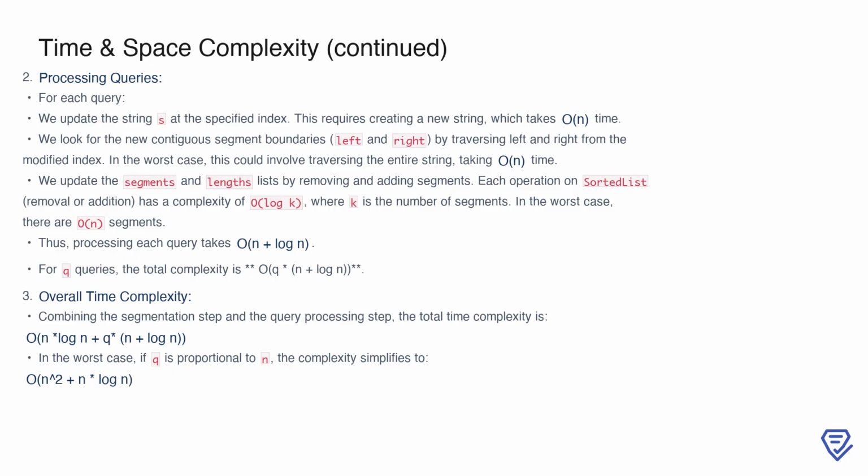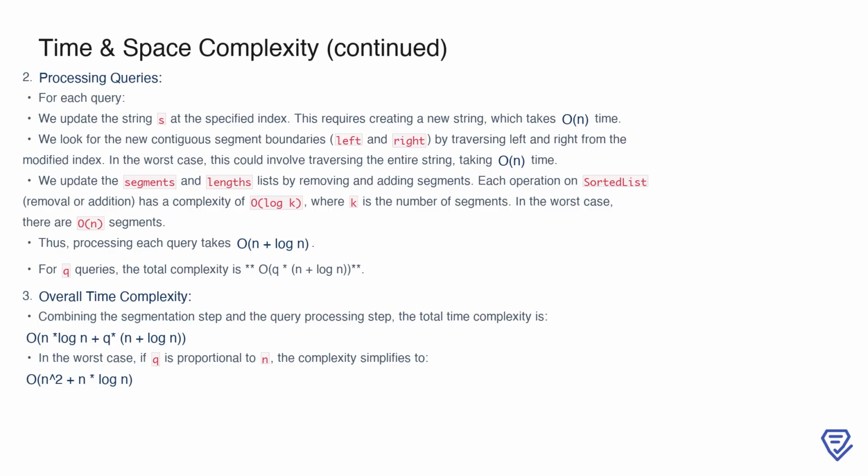In the worst case, this traversal could involve the entire string, adding another O(n) to the time complexity. Then, we update our segments and lengths lists. This involves removing and adding segments, where each of these operations on the sorted list has a complexity of O(log k). Since there can be up to n segments, this step also contributes O(log n).